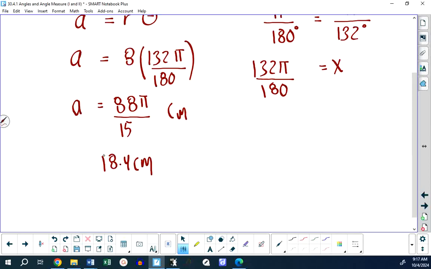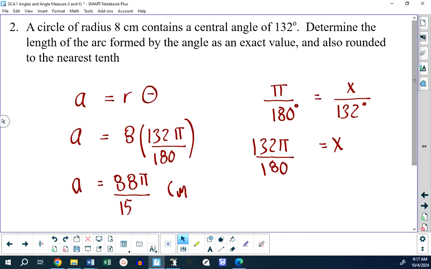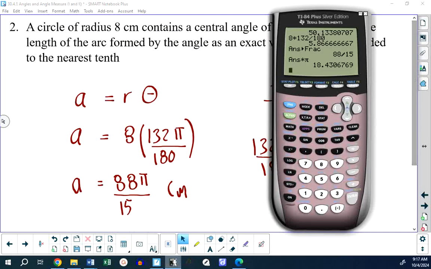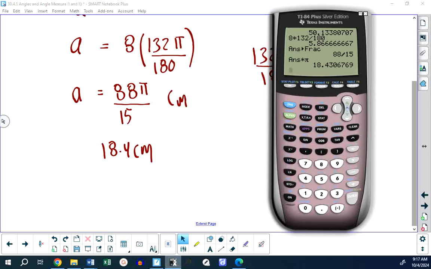Could we have converted the 132 degrees to radians on the calculator? Yes. And I'm going to show you two things here. One thing is obvious to everybody, you should understand this: if all we wanted was this 18.4, just a decimal answer, we don't care about exact values, then you could put your calculator in radian mode, because we're going to convert to radians.